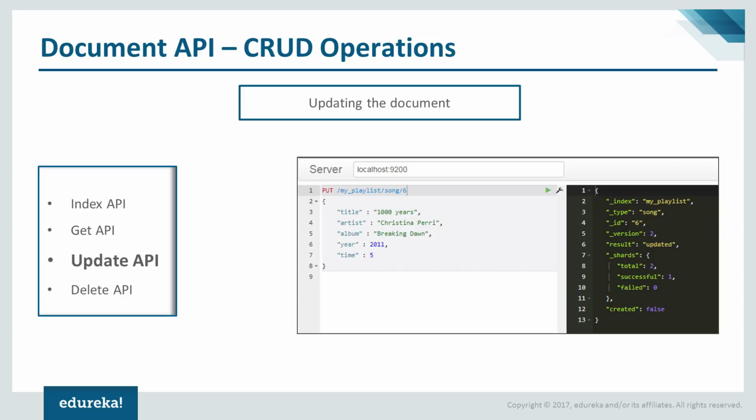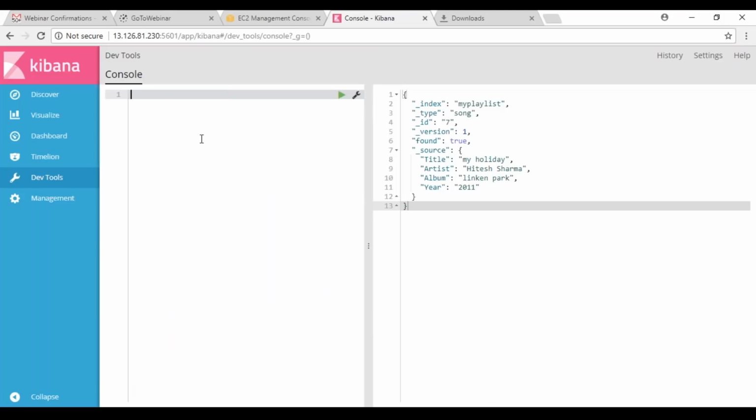Likewise, if you want to update a document, you use the same thing, the put, and you should be sure about the index name as well as the document ID. Based on that, you can add the parameters. So I will add another parameter here, location, Delhi, let's suppose.